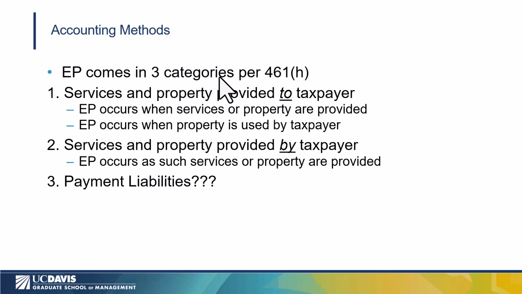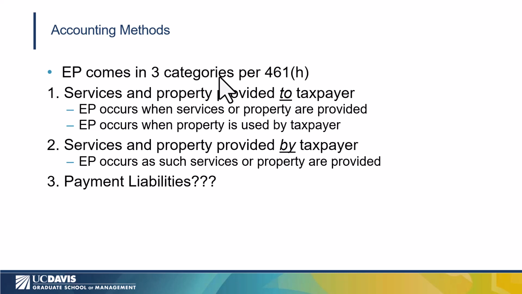So it occurs ratably over the use of the property. There's a rare occasion when services and property are provided by a taxpayer that gives rise to a deduction. It's not very common, but it does occur. And in this case, EP occurs as such property or services are provided. Pretty straightforward.